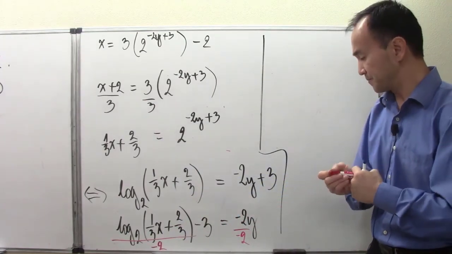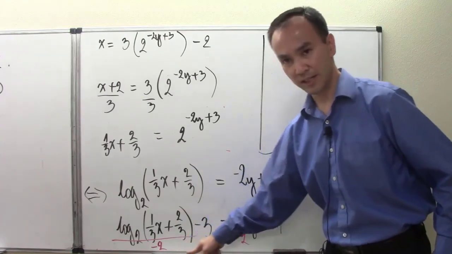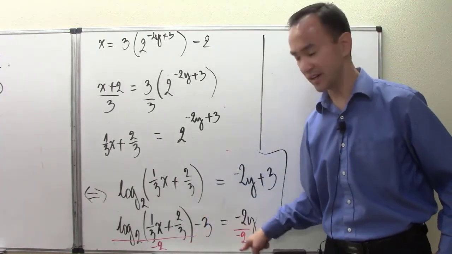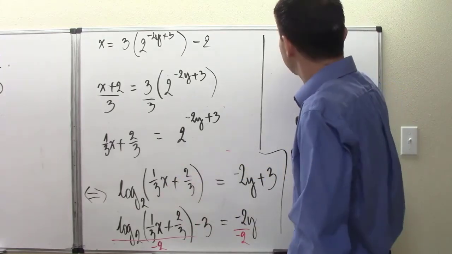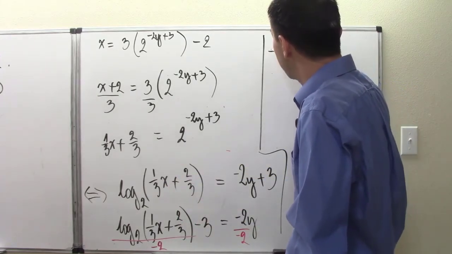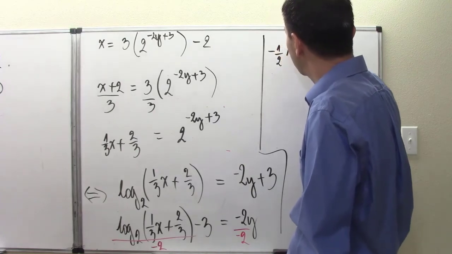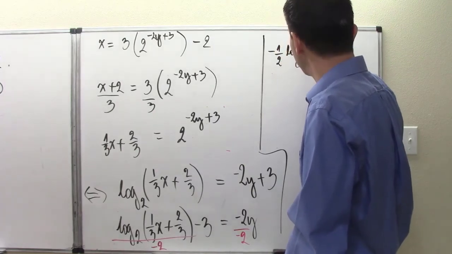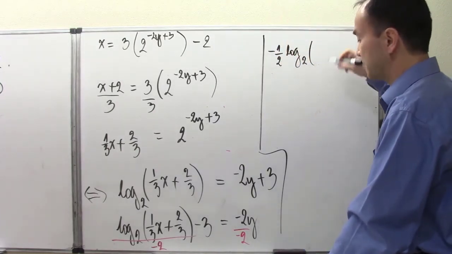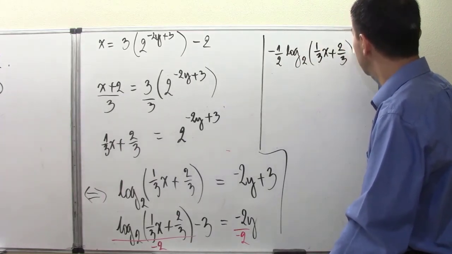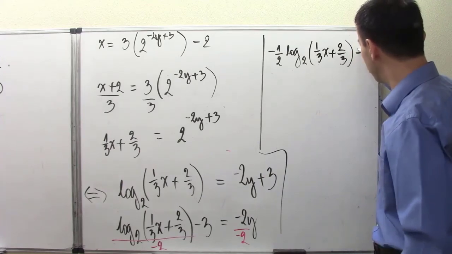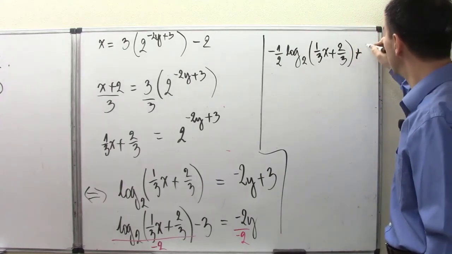Taking that action on both sides of our equation produces the following. Now I'm looking at a negative 1/2 multiplied with log base 2 of 1/3 x plus 2/3, and then on the other side it becomes a plus 3/2.